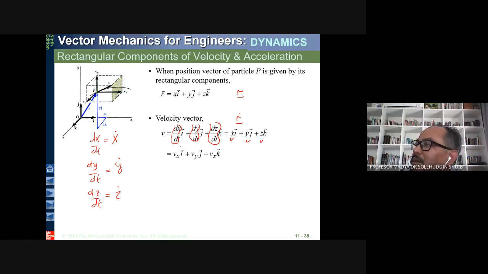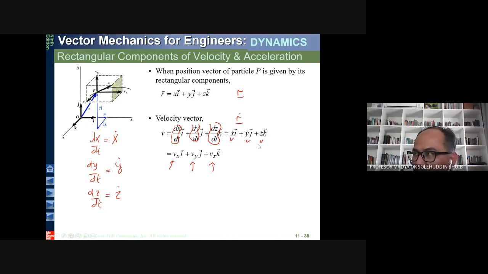So we can represent the velocity vector also in the form of vx, vy, and vz. These are different ways to represent it. For the sake of consistency, you can use either one of these. If you want to use x dot, y dot, and z dot, yes.